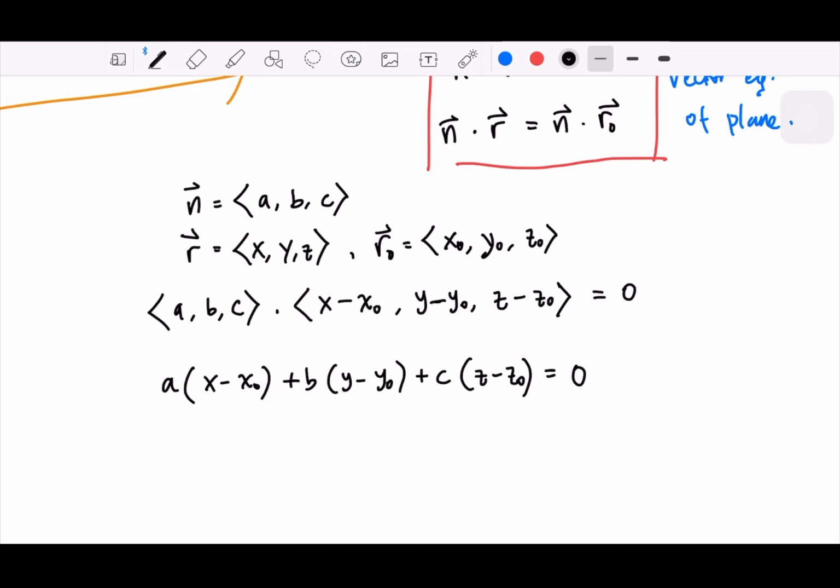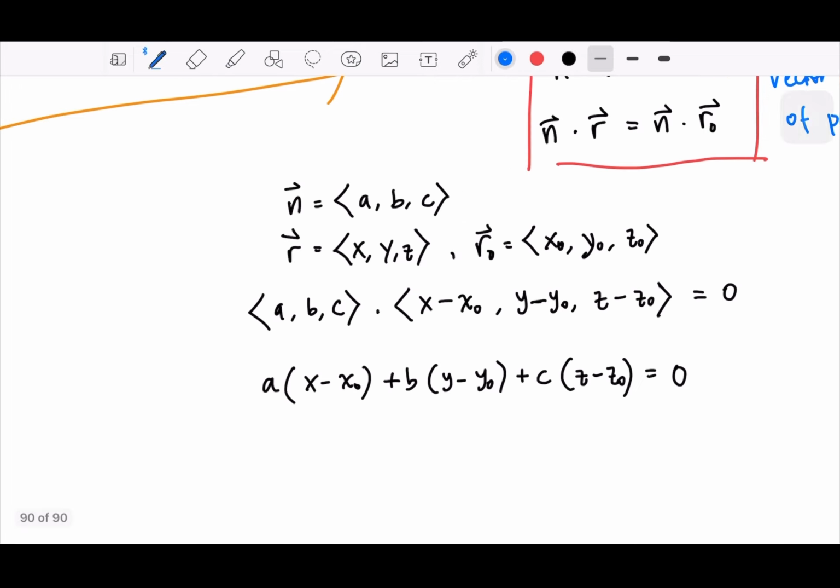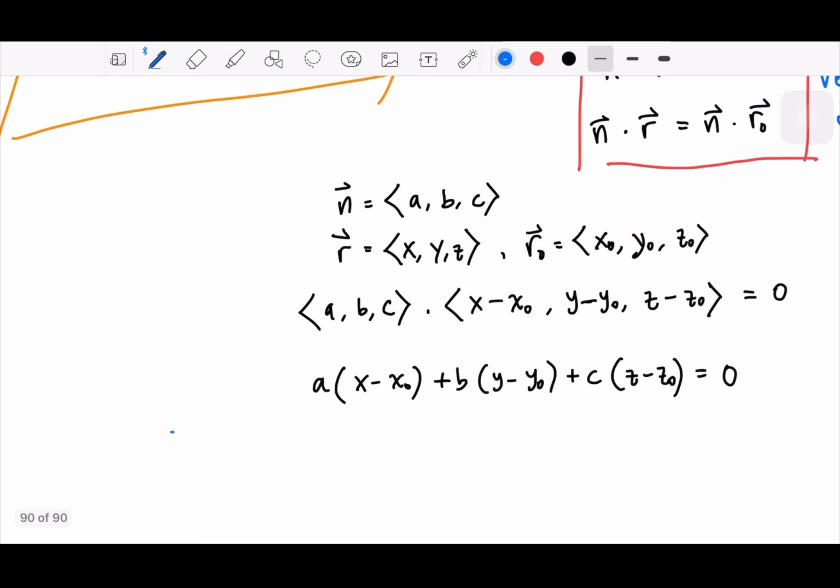Now this is what we call the scalar equation of the plane.